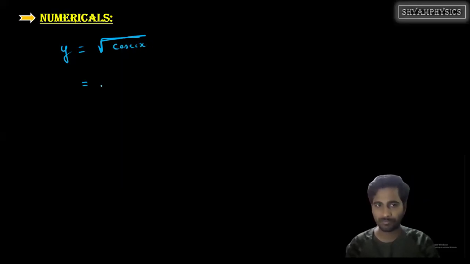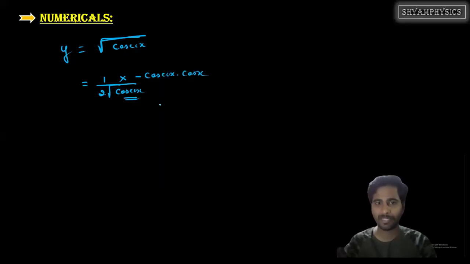First, for the root, what is the answer you'll get? It is 1 by 2 root of that function. Which function is it? Cosecant x. Now you have to write the differentiation of cosecant x. For cosecant x, it is simple: minus cosecant x into cot x. Clear my point? This is dy by dx.